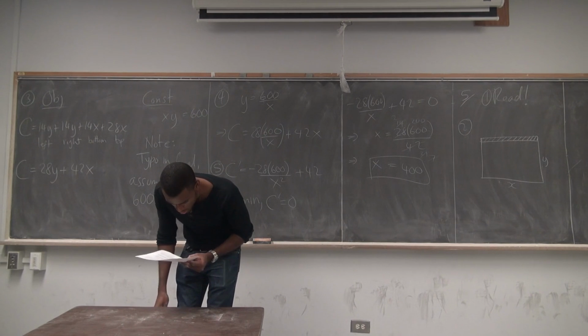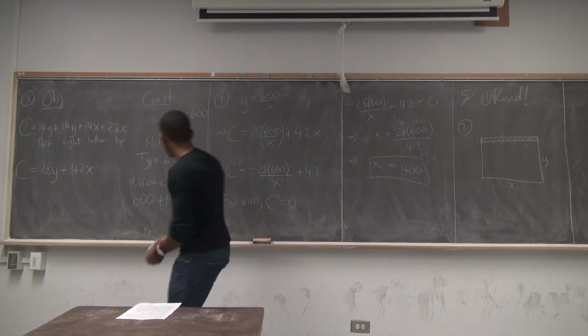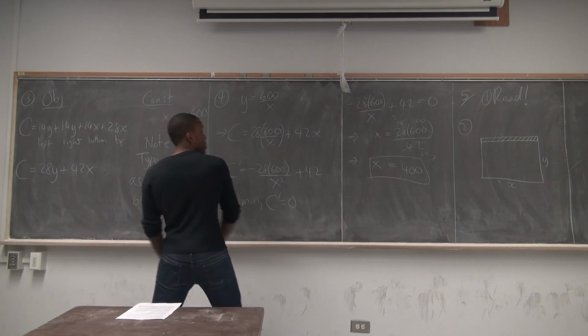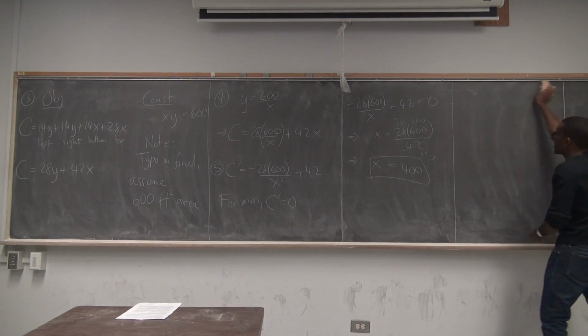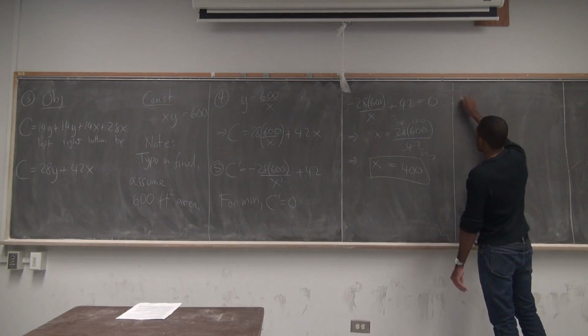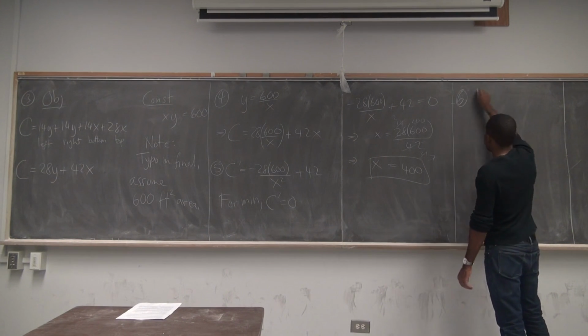So what do we want to do? Find the dimensions, right? Okay. So that was step 5, so now we're on to step 6 to answer the problem. We want the dimensions.